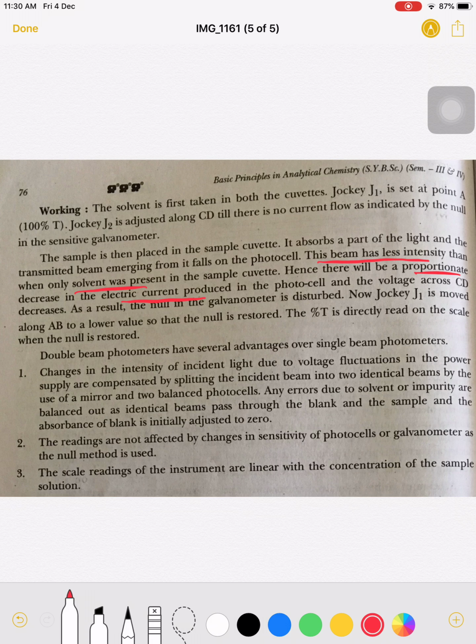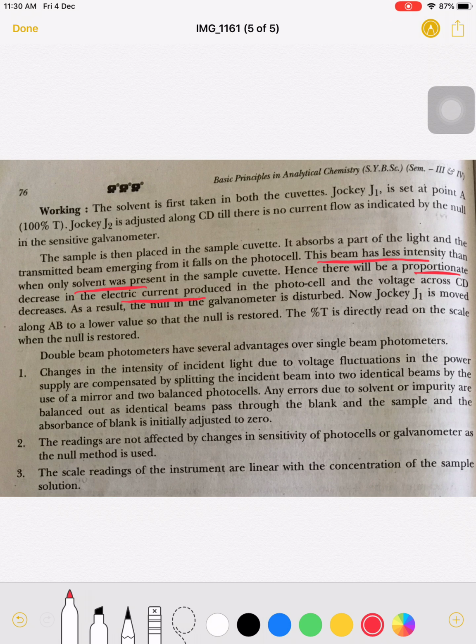The voltage across CD decreases. As a result, the null in the galvanometer is now disturbed, and jockey J1 is moved along AB to a lower value so that null is restored. The percentage T, that is transmittance, is directly read on the scale when the null is restored.